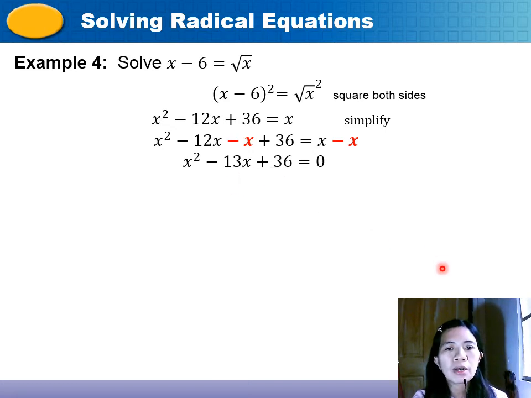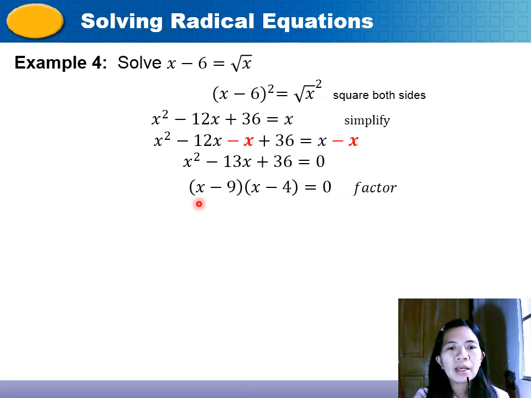What are the factors wherein the product is 36 and the sum is negative 13? So we have 9 and 4, both negative. So we have the quantity x minus 9 times the quantity x minus 4 equals 0. These are the factors. So we have two solutions, x equals 9 and x equals 4.